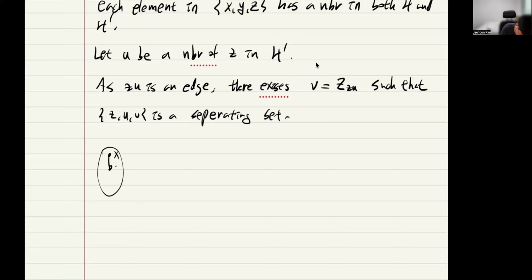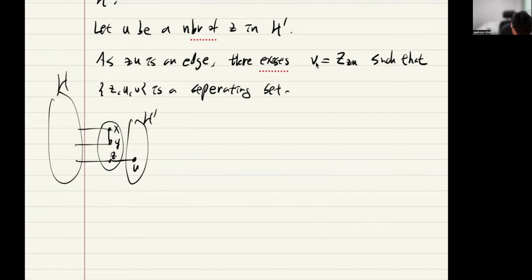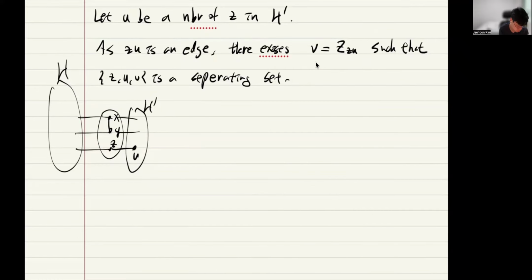So you have x, y, z, u, it's H prime, H, and H is as large as possible. This is the picture. And where is w? So this together with w forms a separating set. And let's see this graph, H together with x and y.